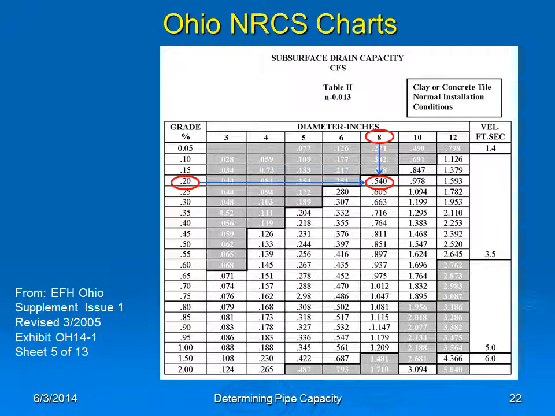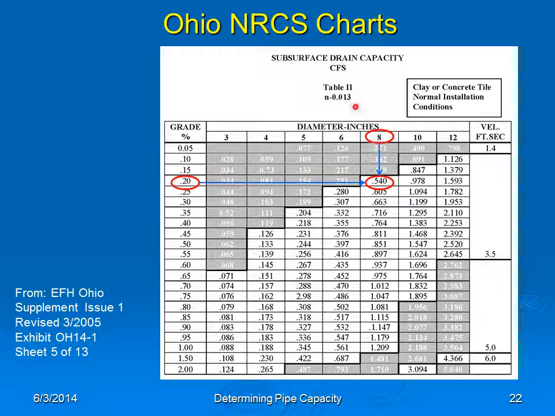We also have the Ohio NRCS design charts, which they published as a supplement to their engineering field handbook. I find these real handy to use if I need to look at something quickly. In this case, we've found our 8-inch pipe here, and we can input our design grade over here, and where they meet, we can read our design flow rate.